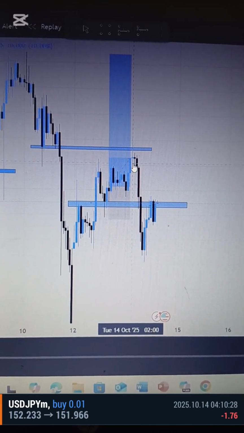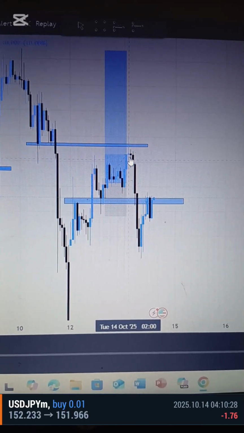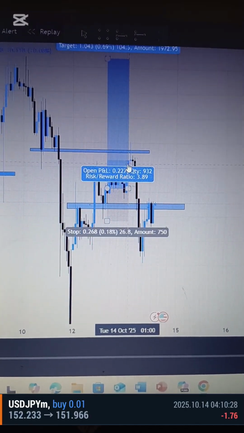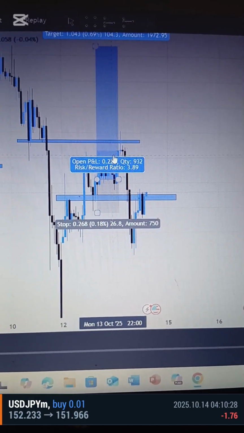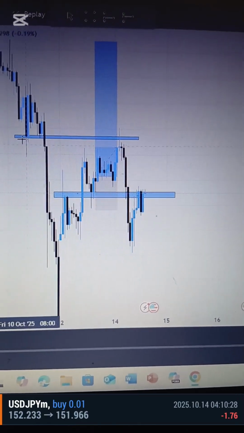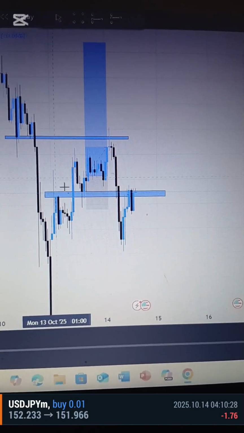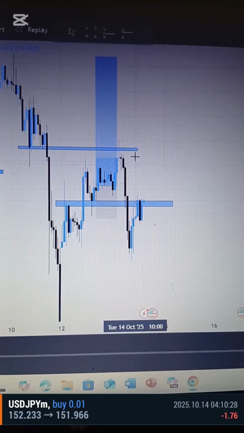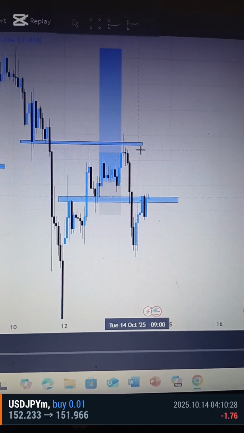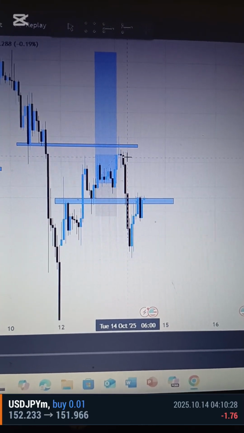I didn't take this trade because I was still in a trade here and I overlooked this level. I hadn't been stopped out yet, so price came back and took me out here. But if I had considered this level, maybe I wouldn't have taken the trade here. Maybe I possibly would have considered selling instead of buying. If I would have taken it, it would have been so perfect.